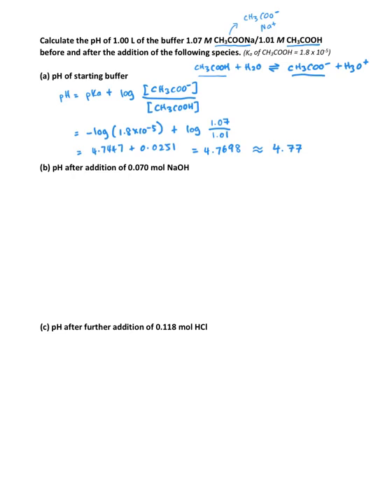So let's write the reaction that happens. NaOH is going to dissociate to give Na plus and OH minus. So let me just write the reaction between acetic acid and OH minus.